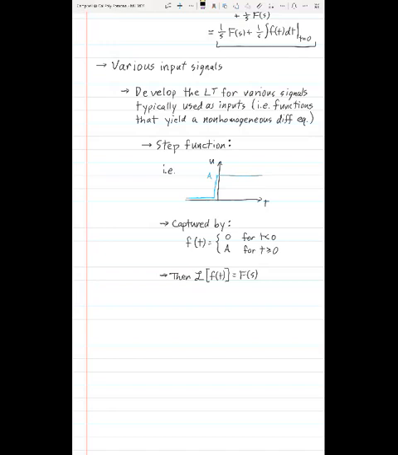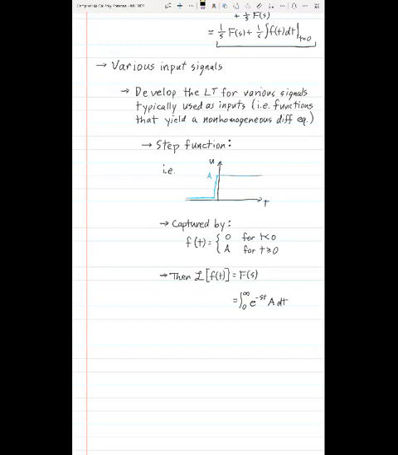And so then we just go ahead and substitute in this time domain function: the integral from 0 to infinity of e to the negative st times dt.